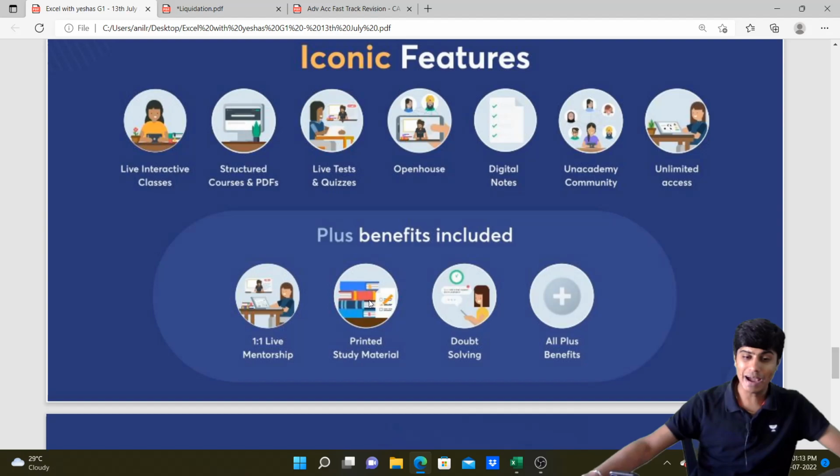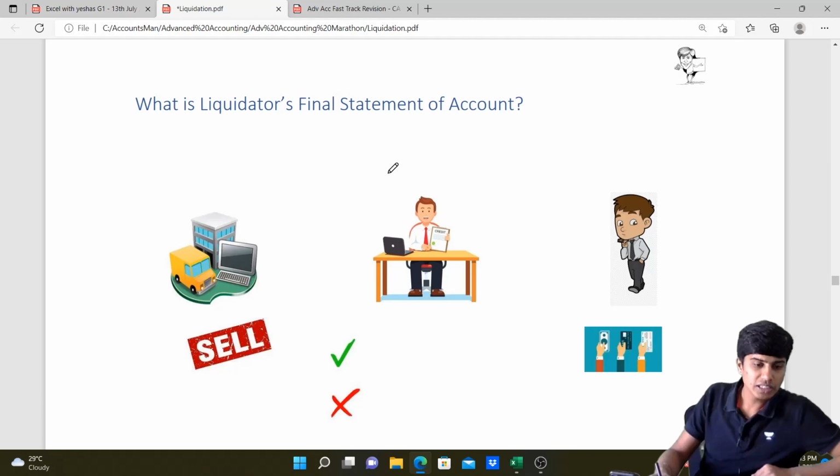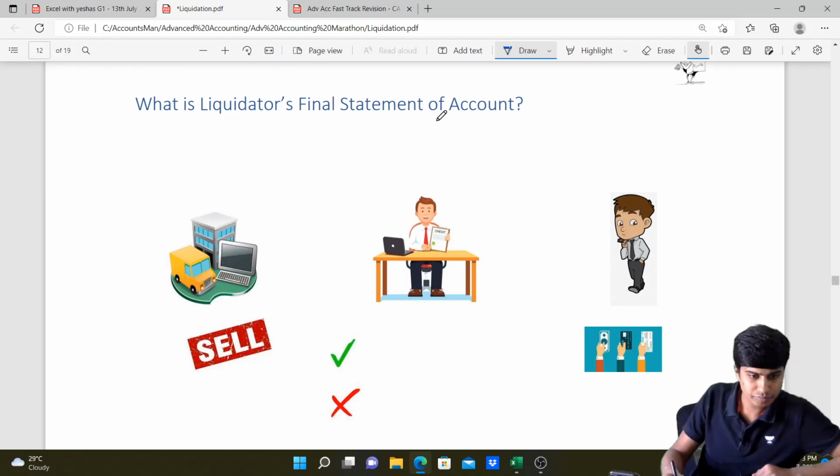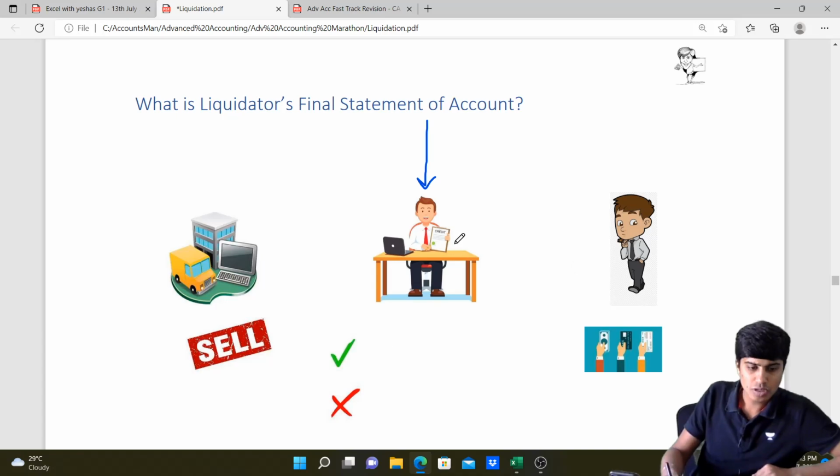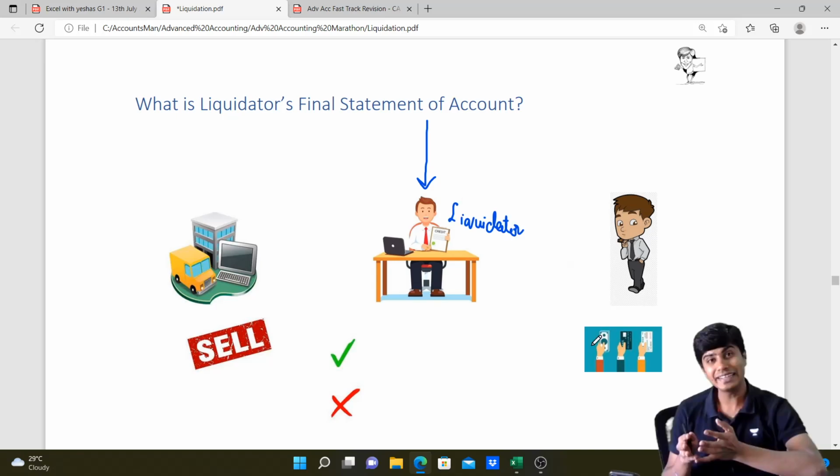The first and foremost thing that you need to remember is the one who prepares it. Who is it that prepares the liquidator's final statement of account? This is prepared by a person by the name liquidator. The liquidator is the person who's been given the power of attorney and is entitled to sell all the assets of the company and repay all the liabilities.